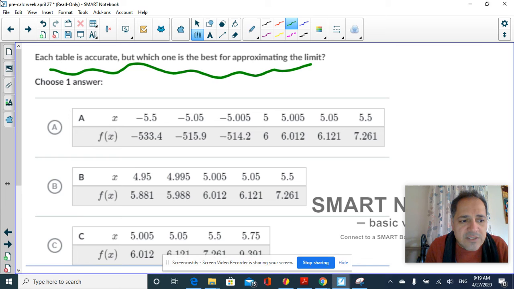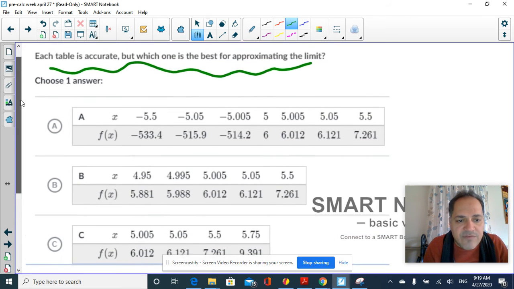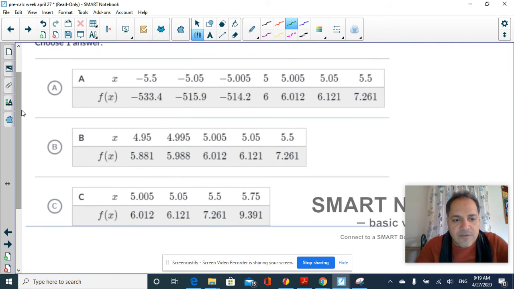Okay, so I check the three tables we have and they give me the answer for the best fit. Which one is the best to get the limit of the function? First, second, or the third one?